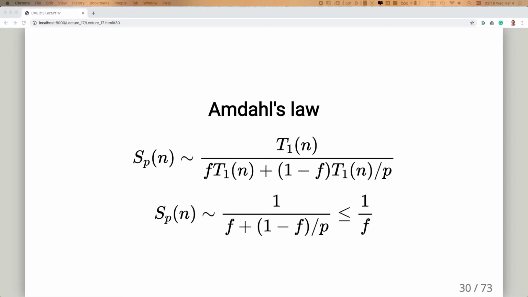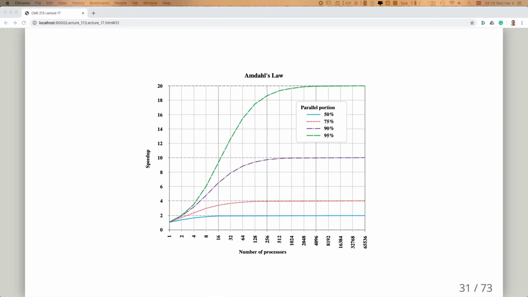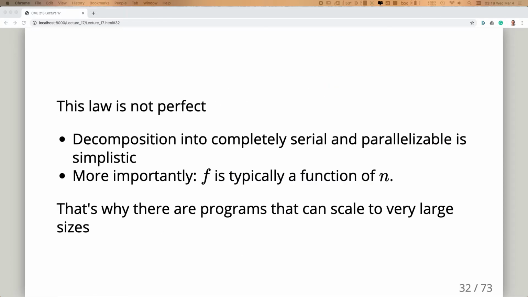So you have this curve here that illustrates various types of speed up depending on the fraction of the code that's parallel. Here, very sequential code, here more parallel. Here, this is a very parallel code. So initially, you have a very nice speed up, but then it tapers off towards the end as you increase the number of processes.